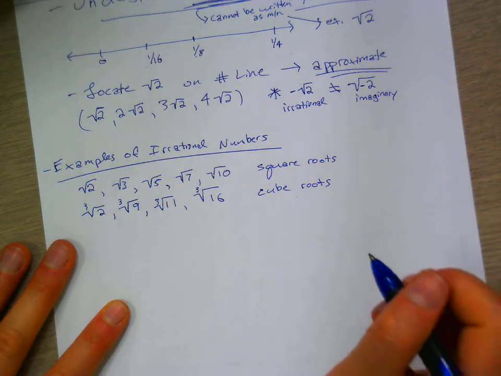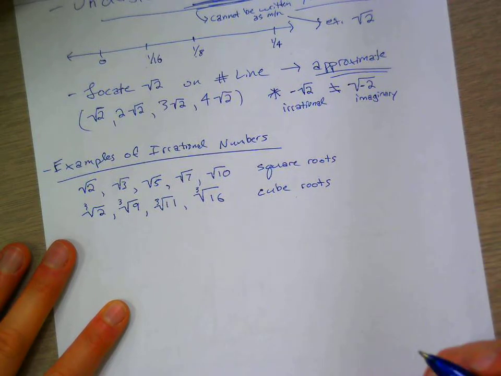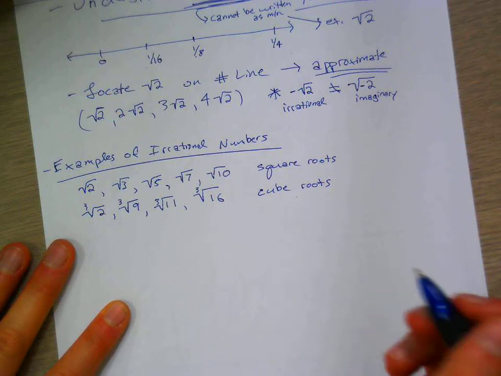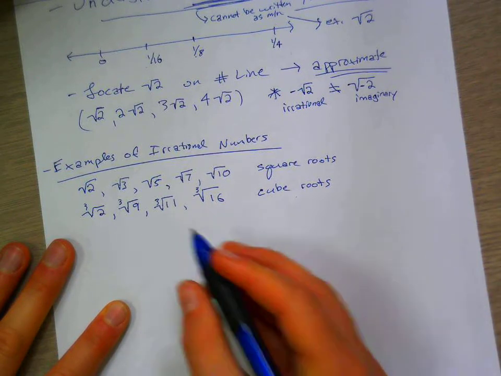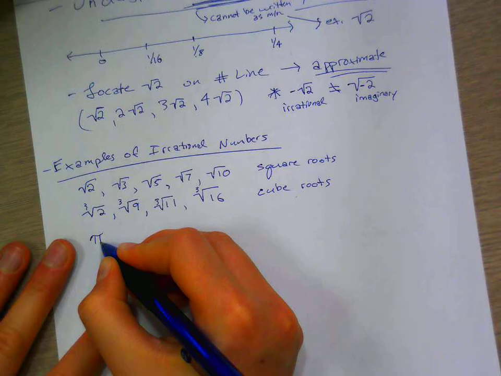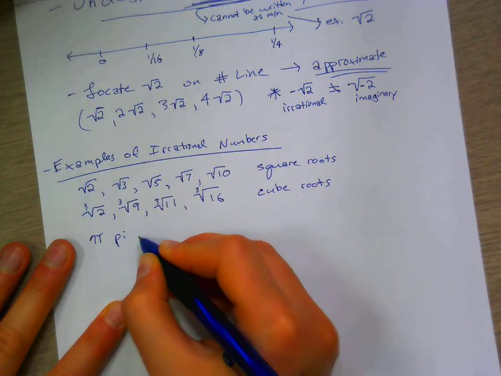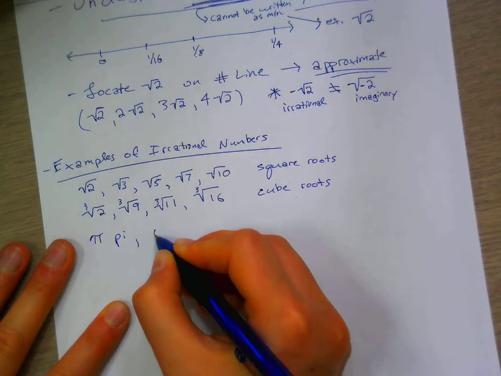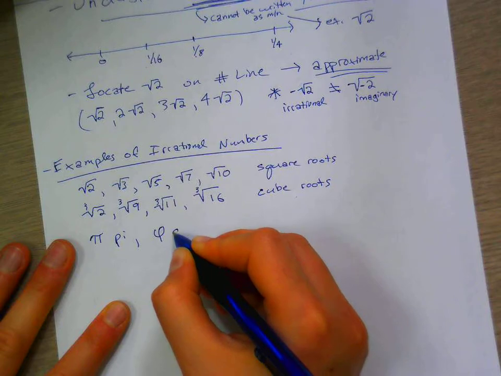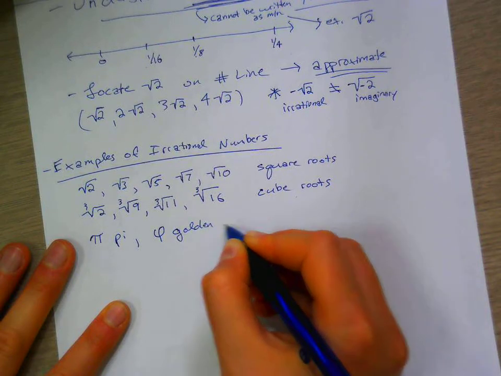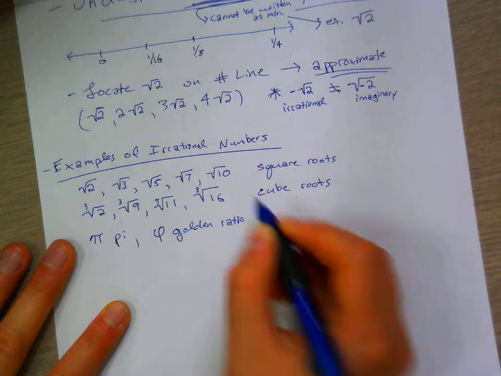And the ratio of the circumference of a circle to its diameter, pi, and the golden ratio are also examples of irrational numbers.